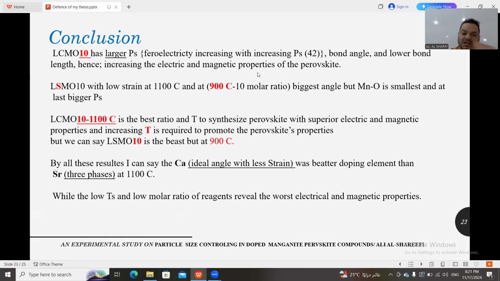By all of these results, I can say calcium, with its ideal angle and lower strain, was a better doping element than strontium, which gives three phases at 1100 Celsius. I'm talking about the higher synthesis temperature, while low temperature and low molar ratio produce the worst electrical and magnetic properties.